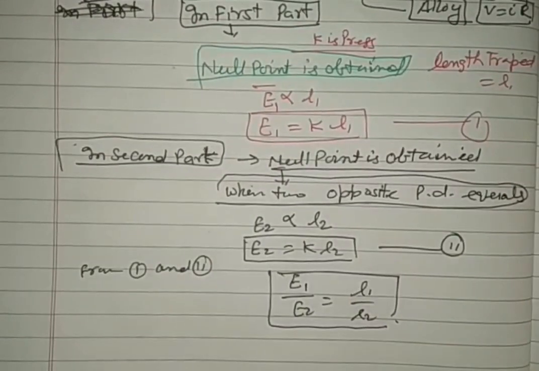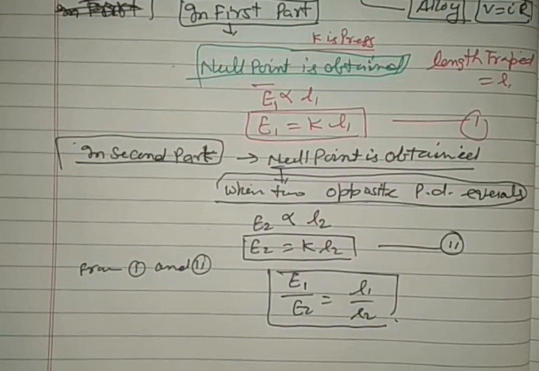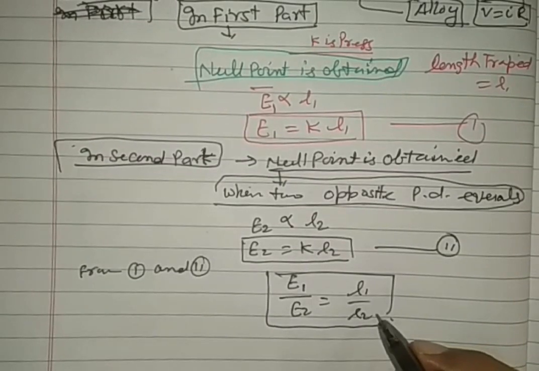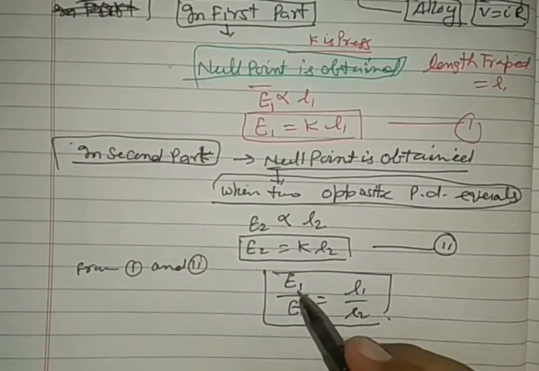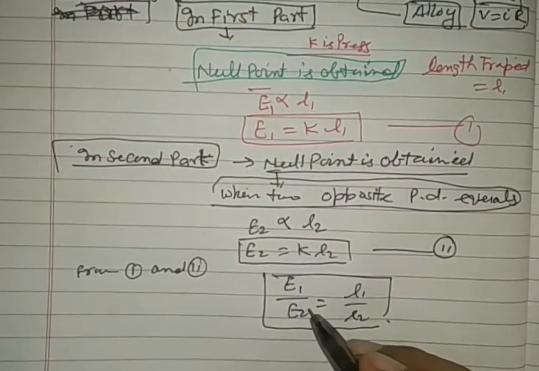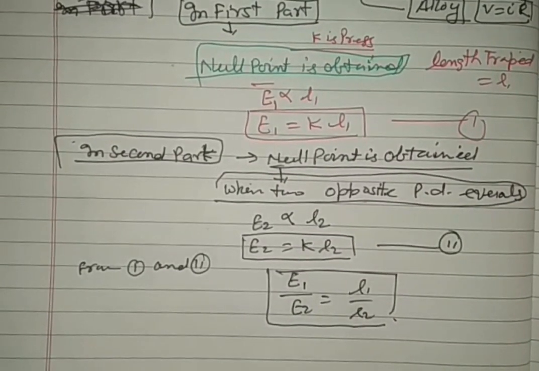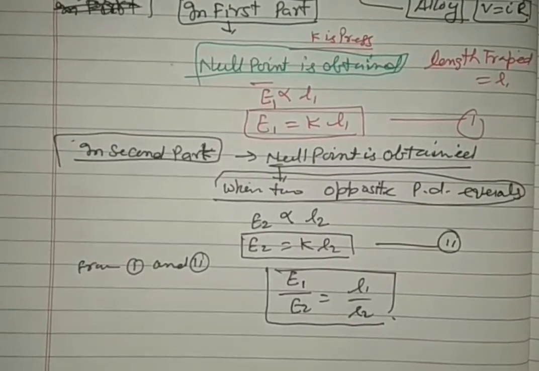So in this experiment, the experiment is performed and L1 and L2 are calculated, and by knowing the ratio of both, the EMF of the two cells can be obtained. So it is clear.